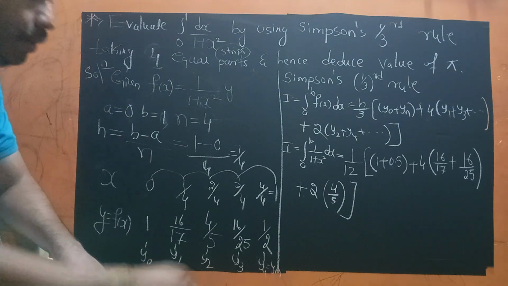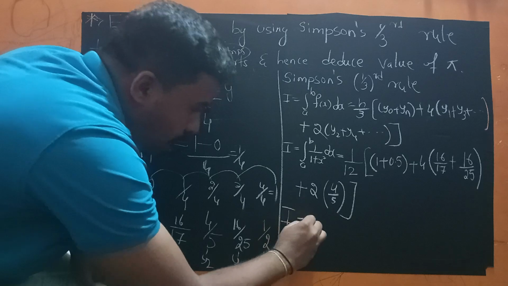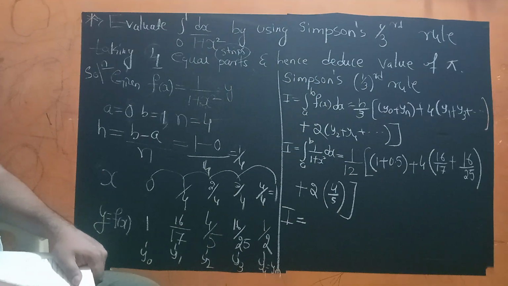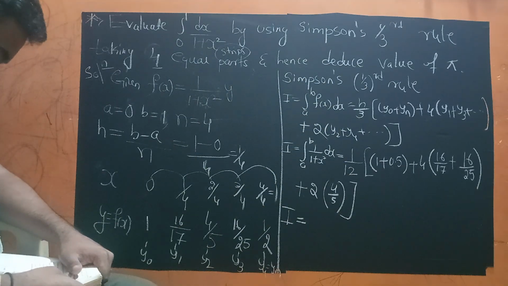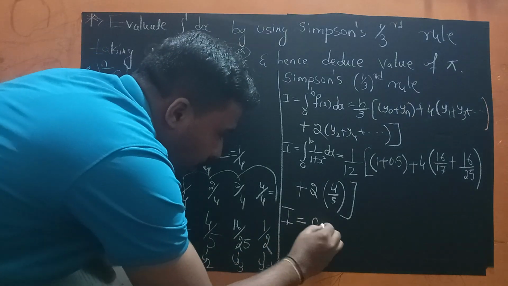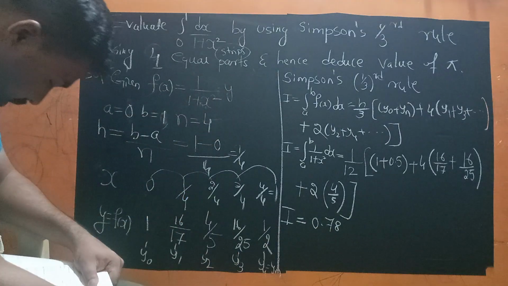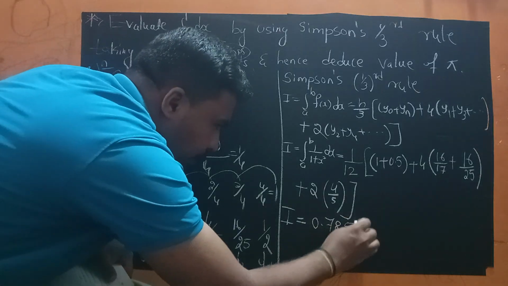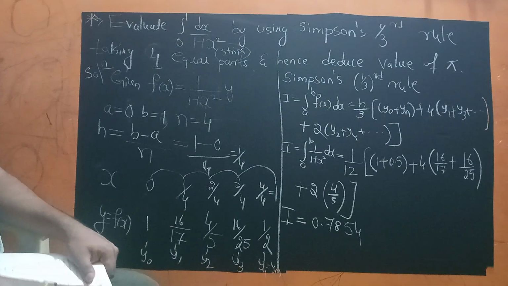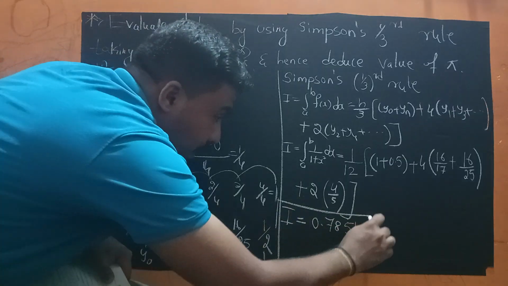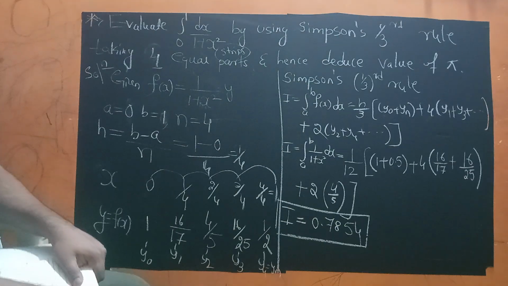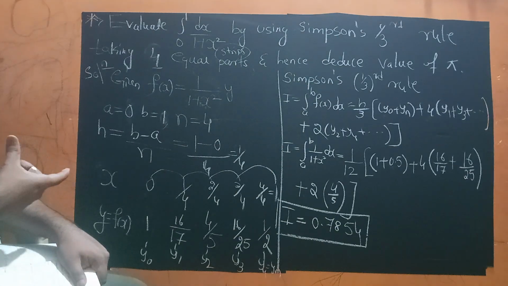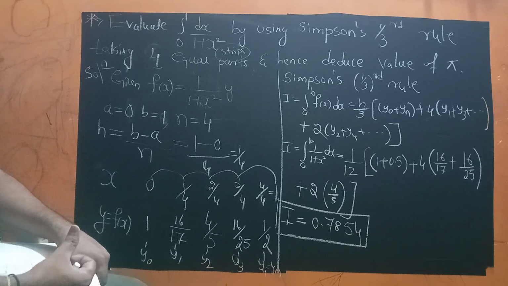Okay. So if I simplify all this by using the calculator, the final answer we will have is 0.7854. See, the Simpson's 1/3 rule is very simple and very easy to solve.